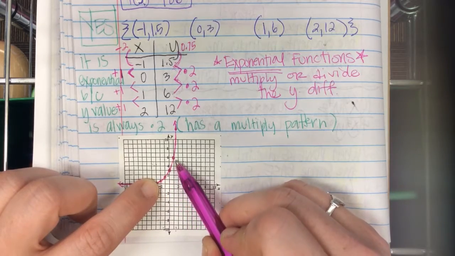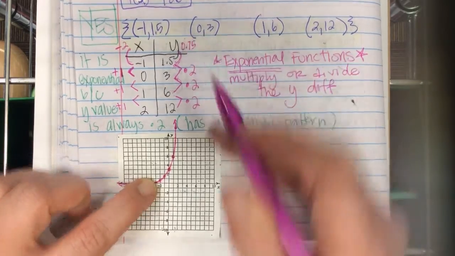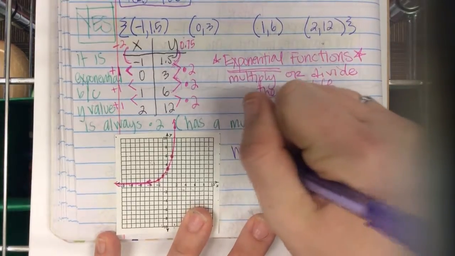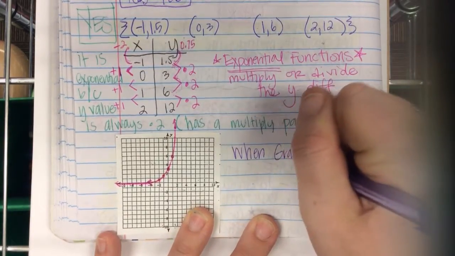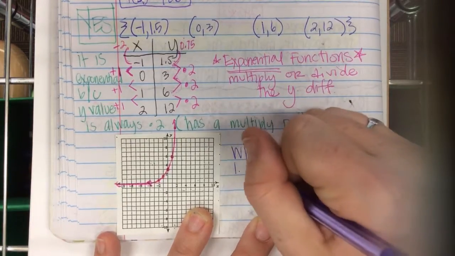And then they get further and further and further apart because those numbers get big fast. So what you need to be aware of when you're graphing, like pitfalls, things to watch out for. It needs to curve.